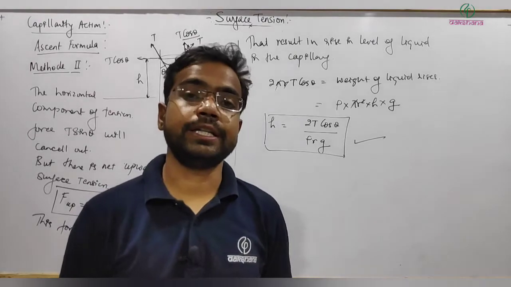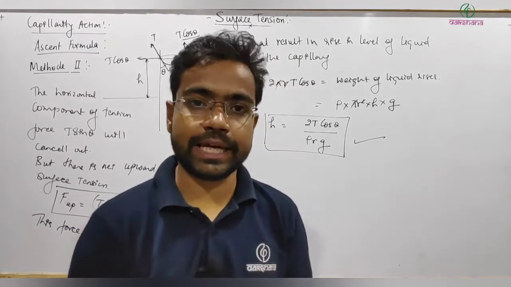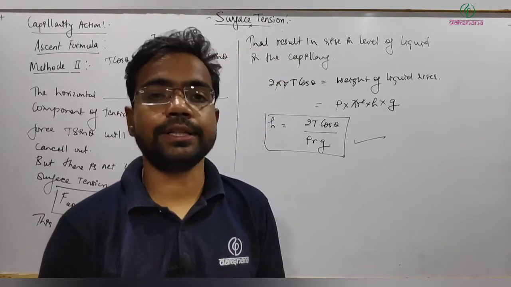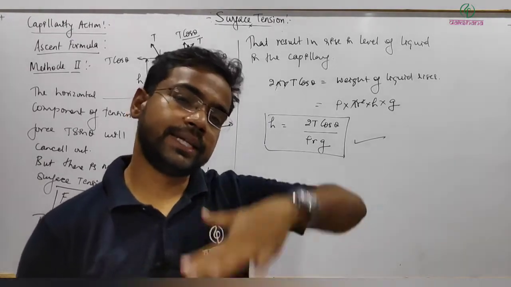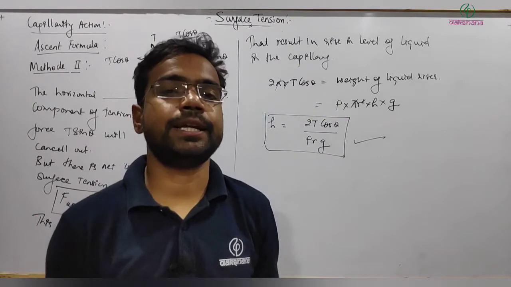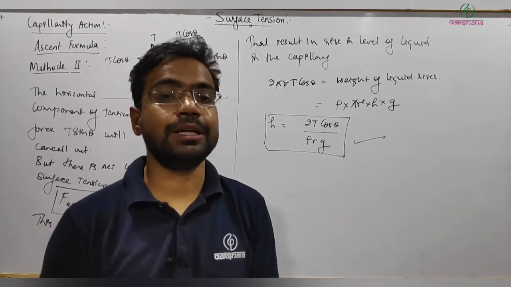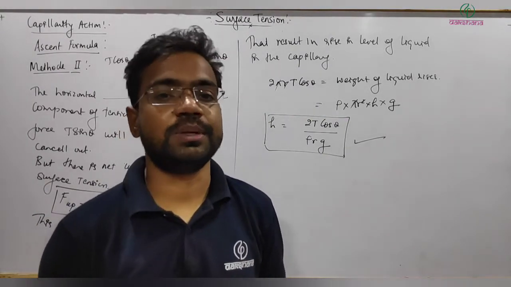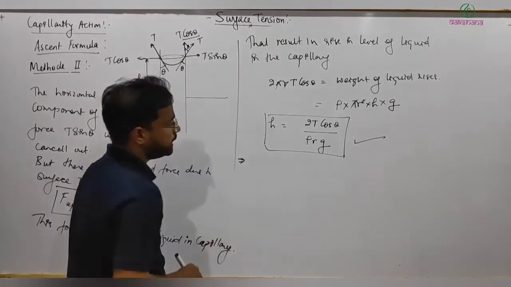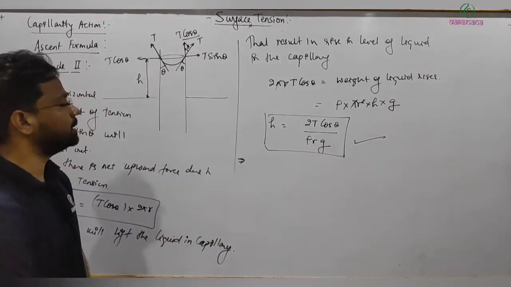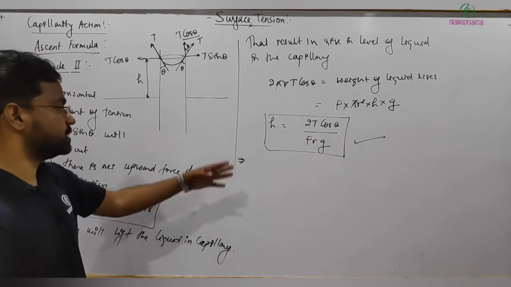That will contradict the basic property of fluid if liquid is not rising in the capillary. So to maintain that, it rises, so that pressure at the same level in the same liquid at two points must be equal. But we still have a little bit of error in this formula.